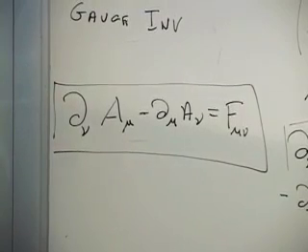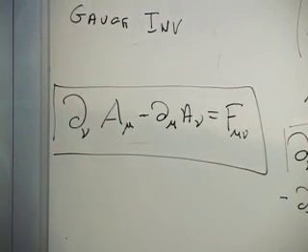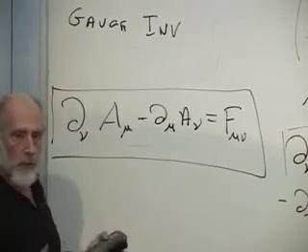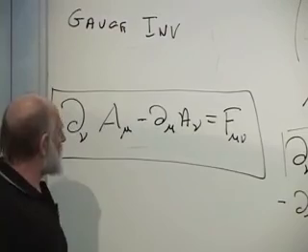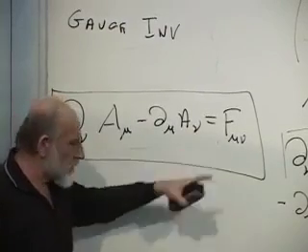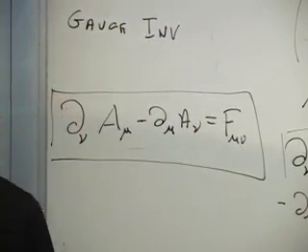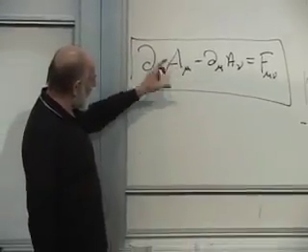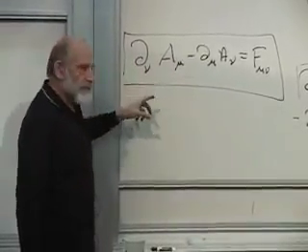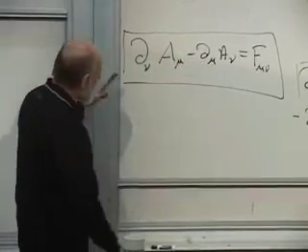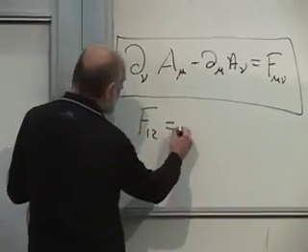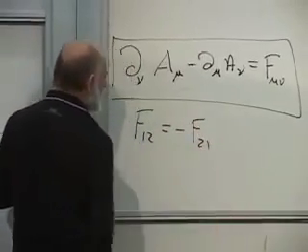How many such objects are there? How many components does it have? Well, offhand, mu and nu can run from 1 to 4, so it looks like there are 16 independent components of F mu nu. Not so. And the reason is that this is antisymmetric. If you interchange mu and nu, it changes sign. So that means, for example, that F12 is just equal to minus F21.